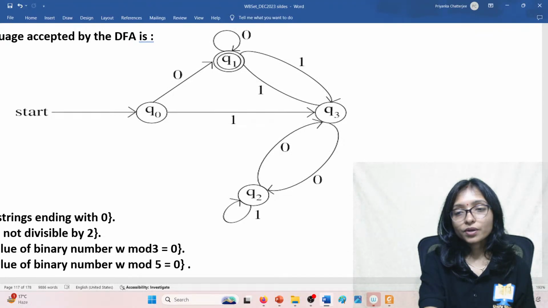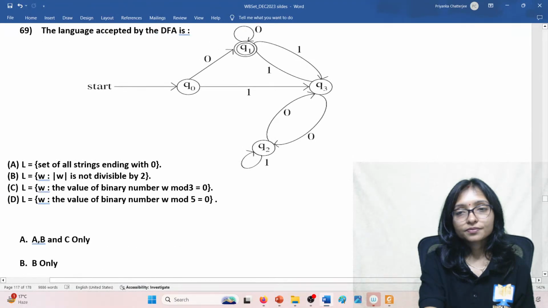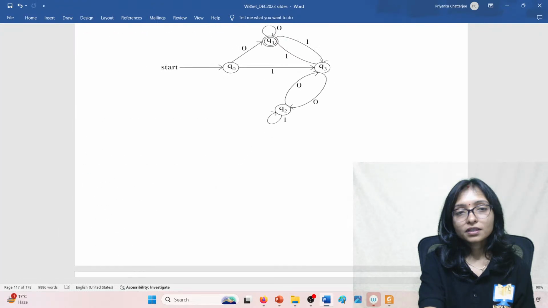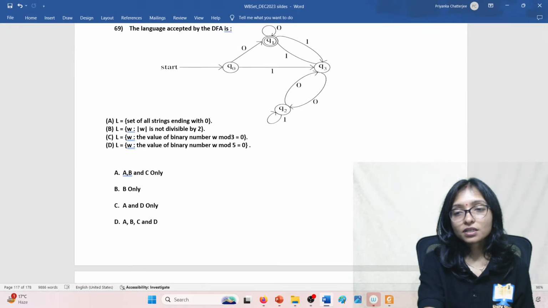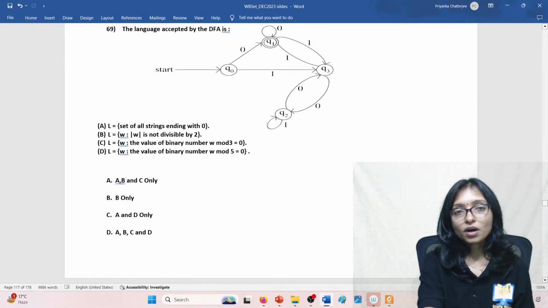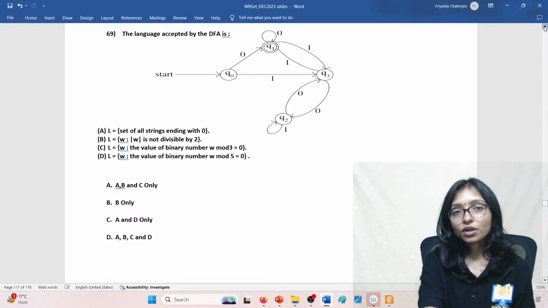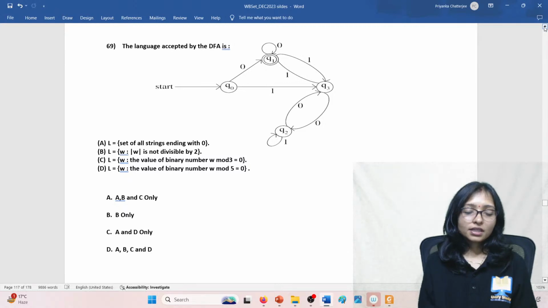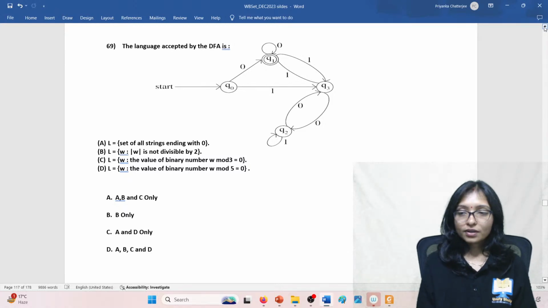This is your question. Language accepted by this DFA. The questions are a little lengthy, that's why I have to zoom out a little bit, otherwise you will not be able to see the complete question. Now see the complete question and tell me what the answer will be.